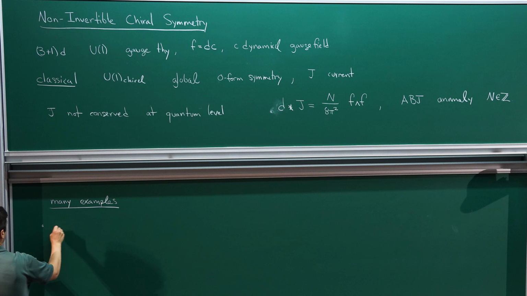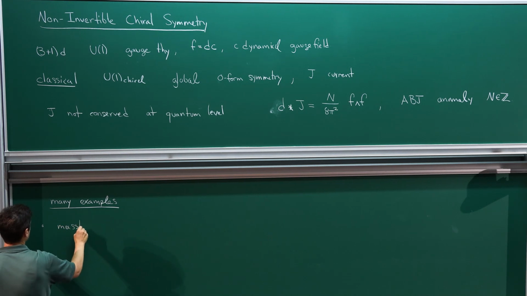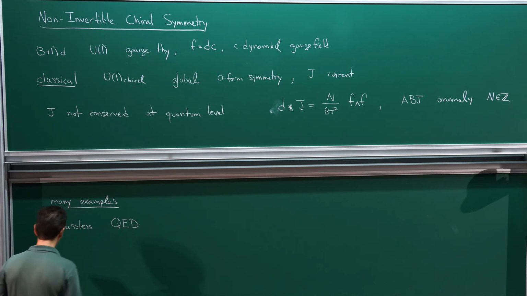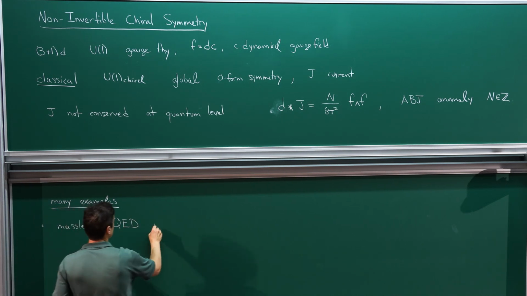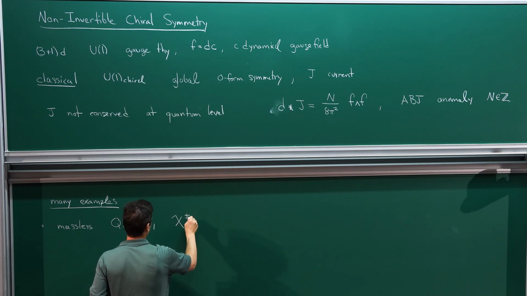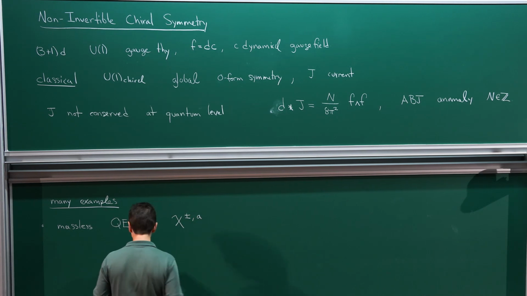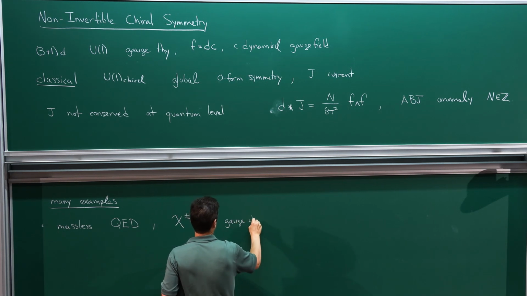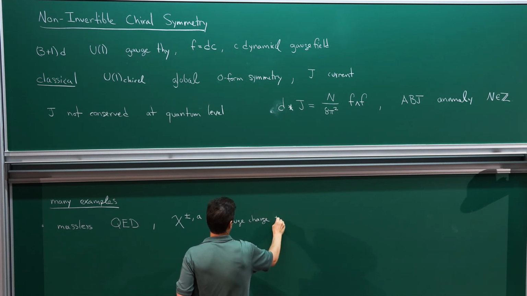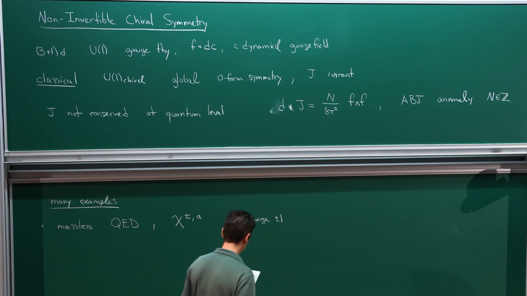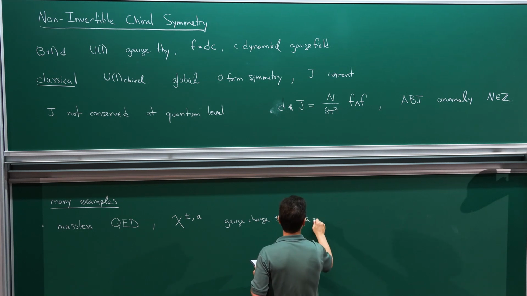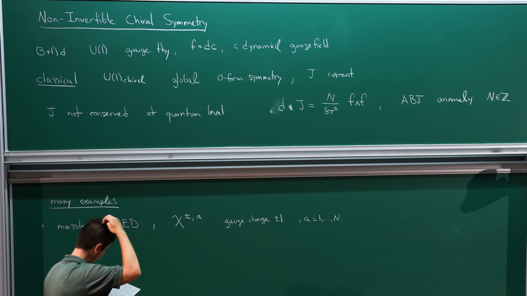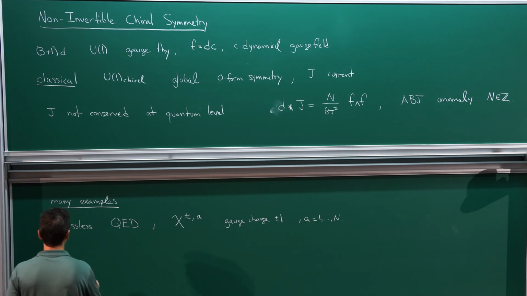So the first, as suggested, is massless quantum electrodynamics. So just as yesterday, we have some fermions, chi plus minus A, gauge charge plus or minus 1, and A going from 1 to N. What is this chiral symmetry in that case?